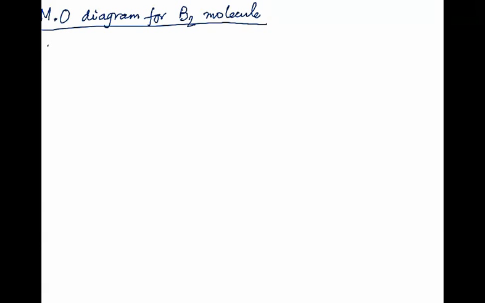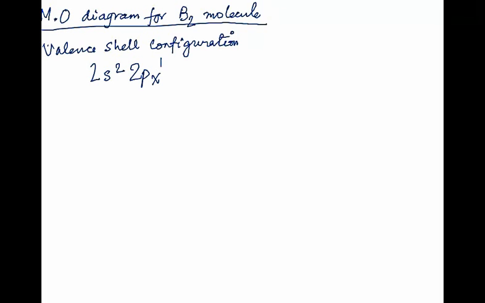In the case of boron, the valence shell configuration is 2s2, 2px1, 2py1, and 2pz0.